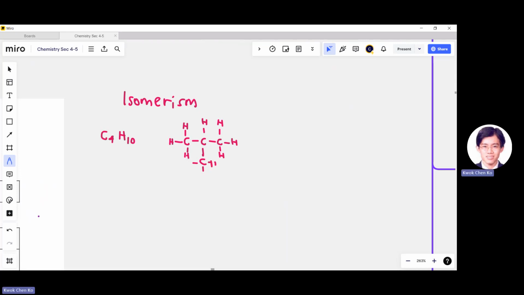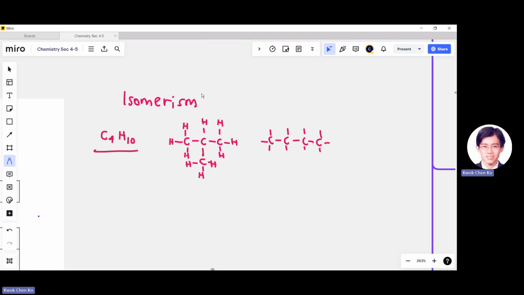Is it still C4H10? It should be. Yep. But what you need to know is they are structurally different. I'm not going to draw the hydrogens, but make sure you know hydrogens are there. These two have the same formula, but different structure.